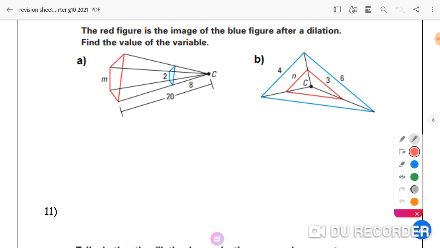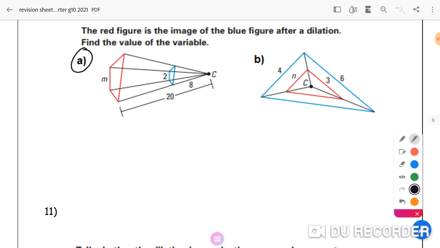Okay, here we're given two figures, and we have the red figure is the image and the blue one is the pre-image.